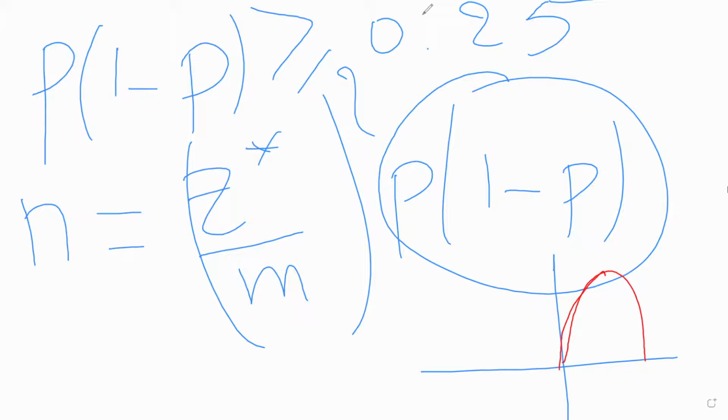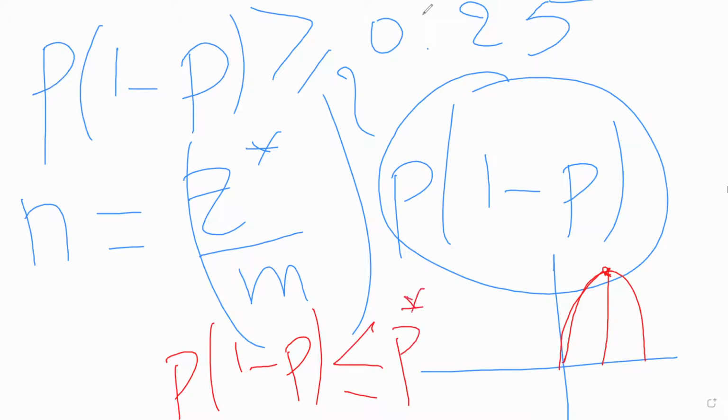P times 1 minus P is a parabola, okay, whose maximum is at one half. So P times 1 minus P is always less than 0.25, meaning less than the value at P star, which is 0.5, as I said: 0.5 times 1 minus 0.5. That's why here we estimate it by 0.25.